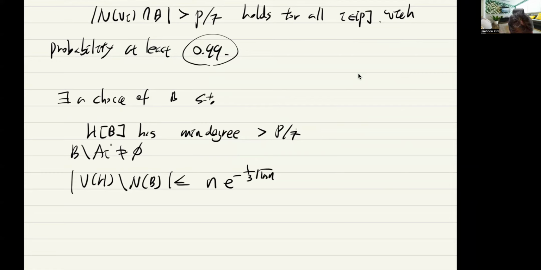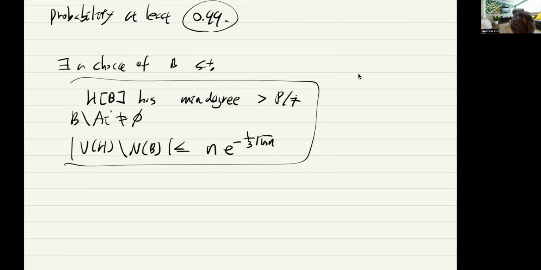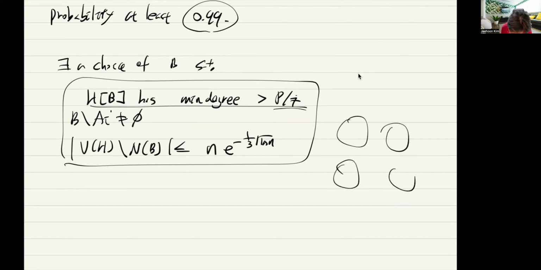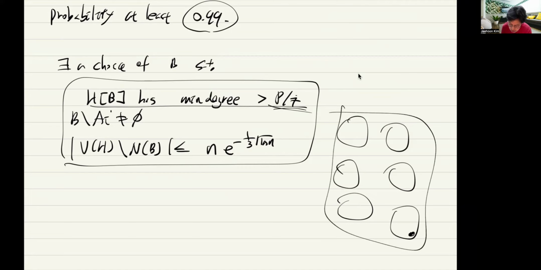Anyway, if that happens, this has minimum degree at least P over 7, meaning that it has at most 6 components. If there were 7 components, one of them would have a vertex with degree smaller than P over 7, because it has fewer than P vertices.